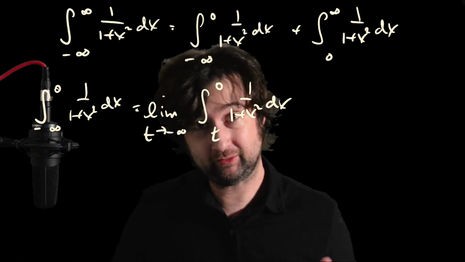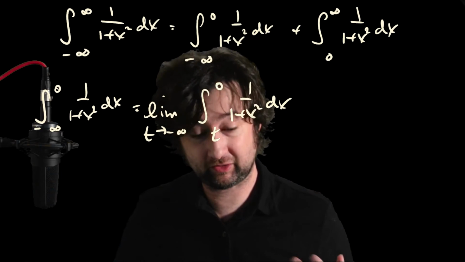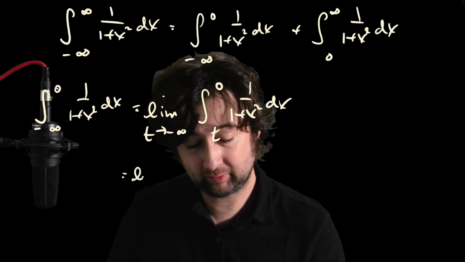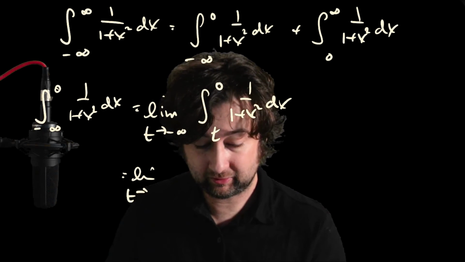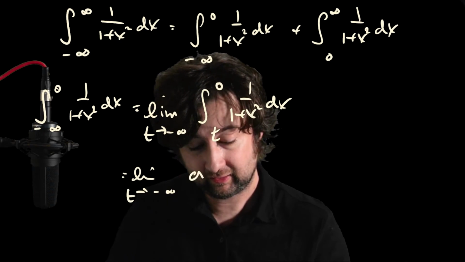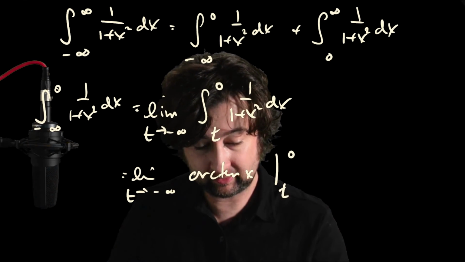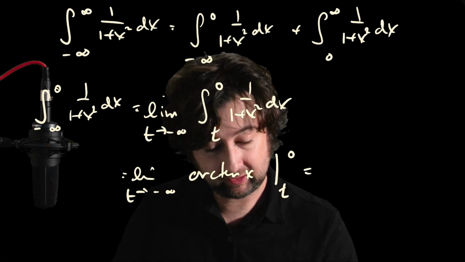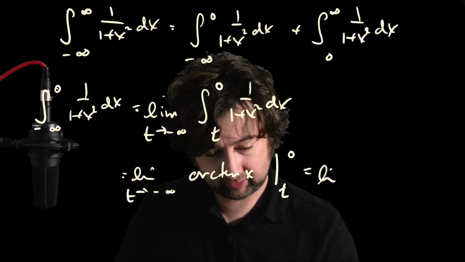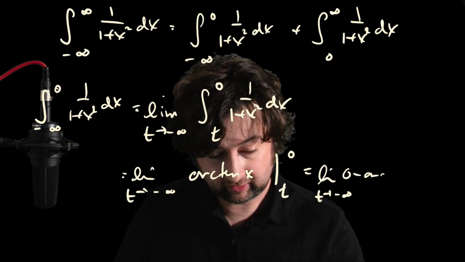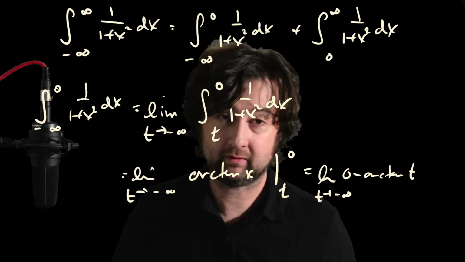Now, if I'd like to, I can use my standard rules of integration because the fundamental theorem of calculus applies, and that says that this is equal to the limit as t goes to minus infinity of the arctangent of x evaluated from t to 0, which turns out to be equal to the limit as t goes to minus infinity of the arctangent of 0, which is 0, minus the arctangent of t.